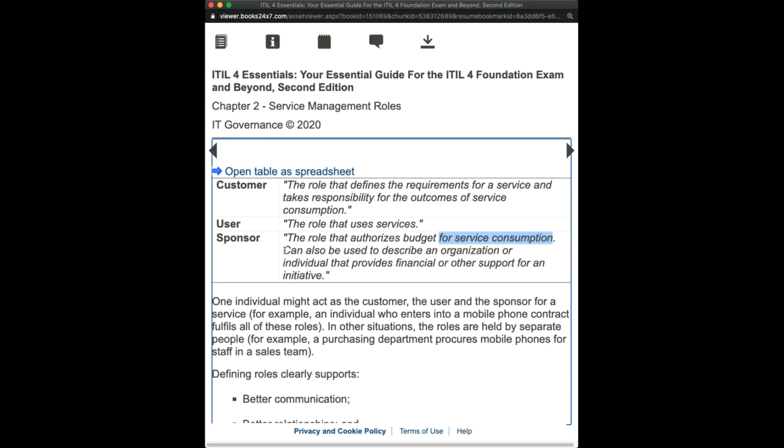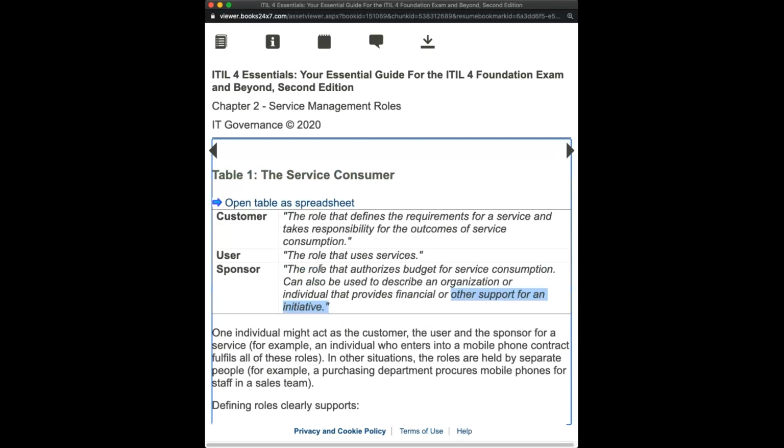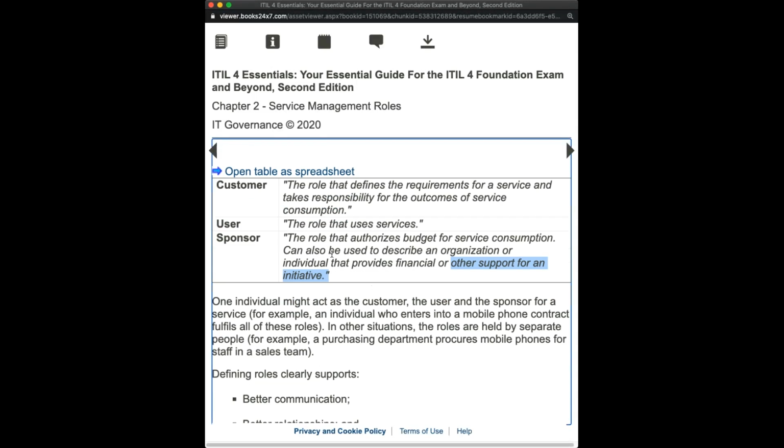It can also be used to describe an organization or individual that provides financial or other support for an initiative, right? So sponsor, you would see this a lot even for small project ideas, app development. You do have a project sponsor, right? In this case, it's called the service consumer sponsor. Okay.